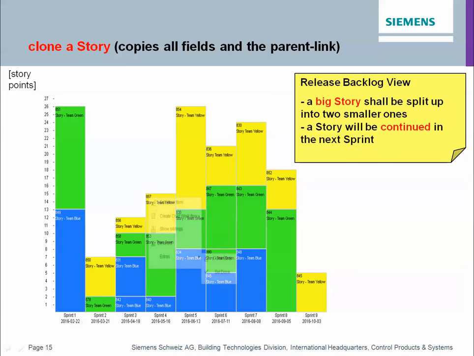So we just open the context menu, go to clone a story in the extras compartment, and you will see that you get a clone of the story post-fixed with clone. That's actually very useful if you have big stories or if you want to continue. Then you can edit and adapt.